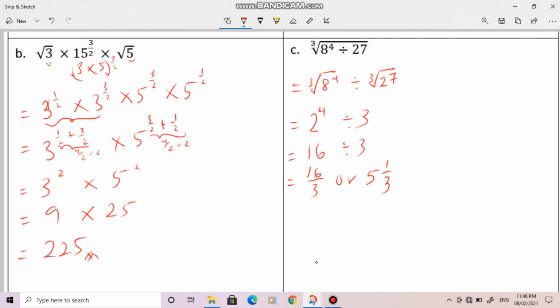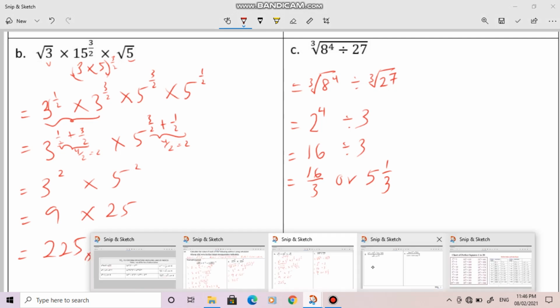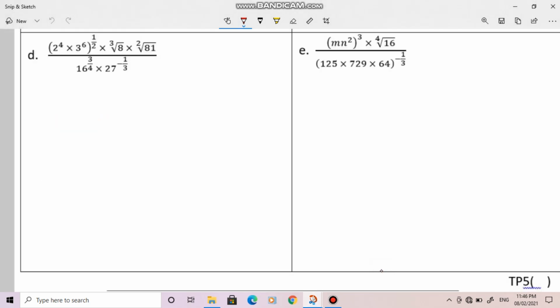Okay, very easy, right? Okay, I'll show you the fifth example. Look at this question. For this question, you must solve layer by layer. Okay, for the first layer, 2 power of 4 times 3 power of 6, power of 1 over 2.